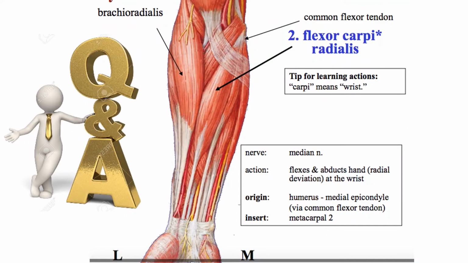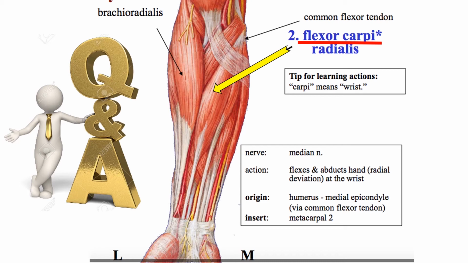So let's ask ourselves a few questions about this view of the anterior compartment of the forearm, flexor group of muscles, and this is the flexor carpi radialis. Why is this the flexor carpi radialis?